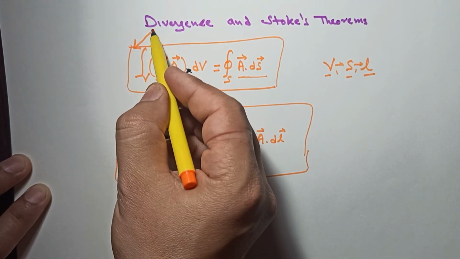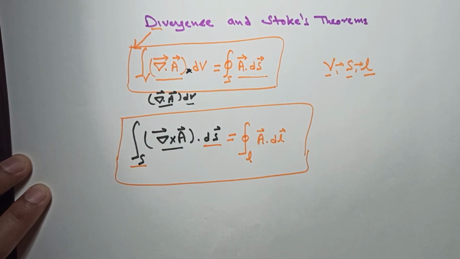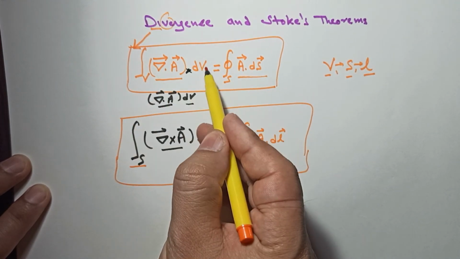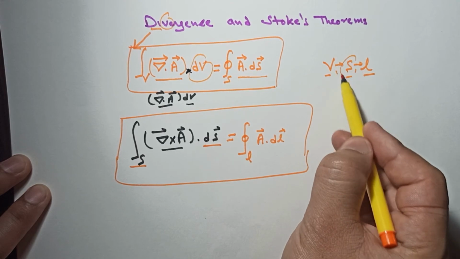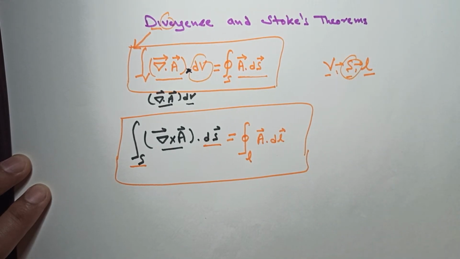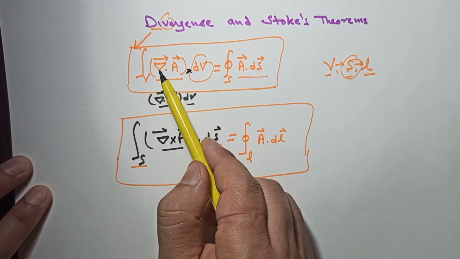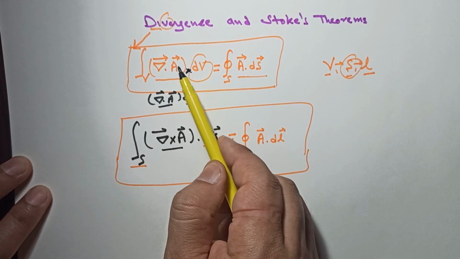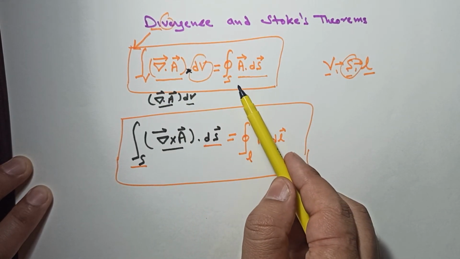Let us start with the divergence. Divergence means dot product with any field. Take the volume, and the volume can be converted to the surface integral. So the divergence theorem converts the volume integral of the divergence of any field into a surface integral.